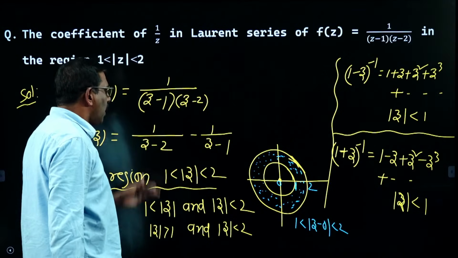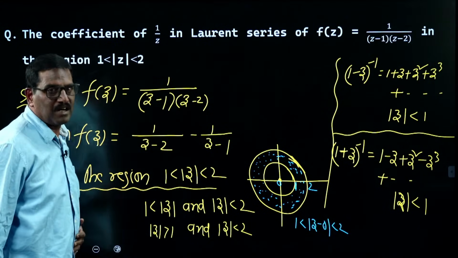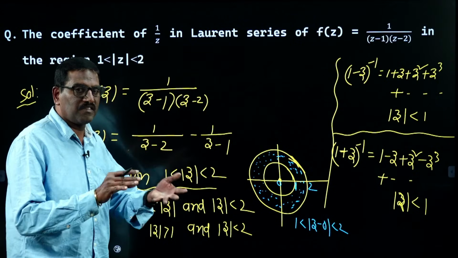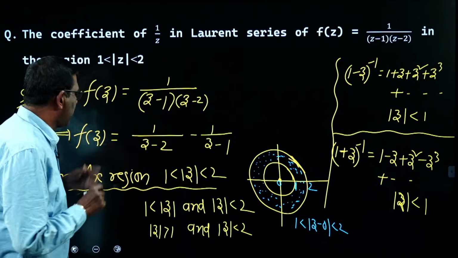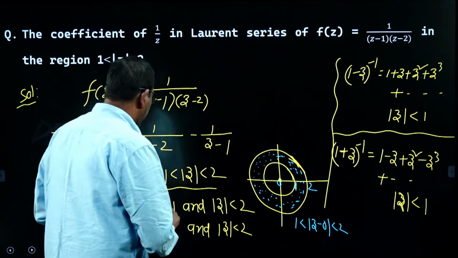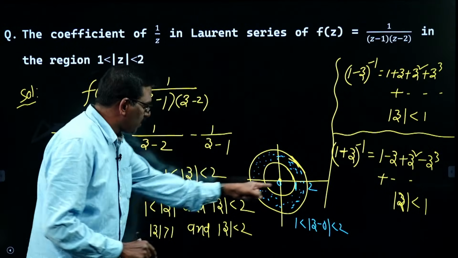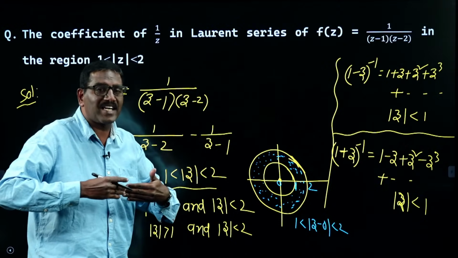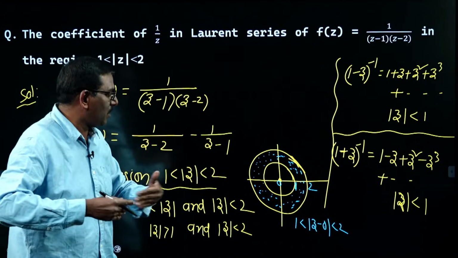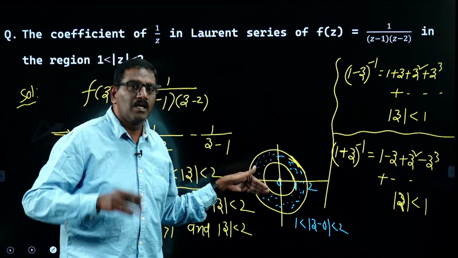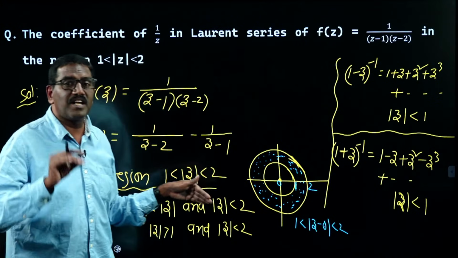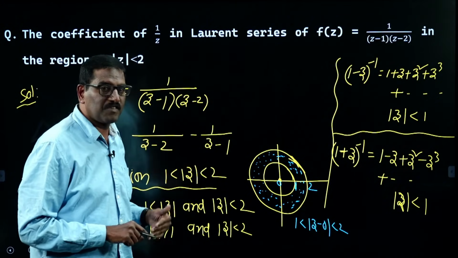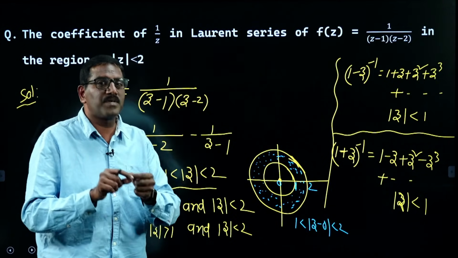Clear? Now, within this region I have to expand the Laurent series. Without using the Laurent series definition and without using the theoretical view, how to expand directly? One simple technique. Above the radius 1 means that the expansion contains negative powers of z. Already you know this: every power of z must be negative only.